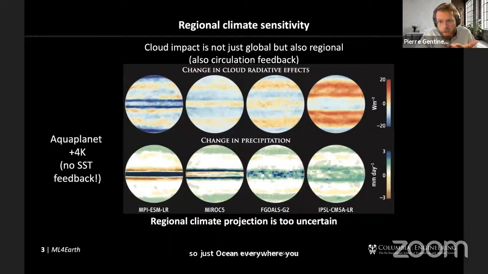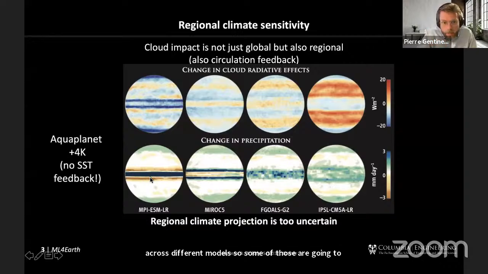You bump the temperature of the ocean by 4 degrees, and you just want to see the response of the climate. Every column here is a different model, and you can see that it vastly differs across different models. Some models are going to see an increase in precipitation in the tropics and a drying in the subtropics, and you could see almost the opposite if you take another model.